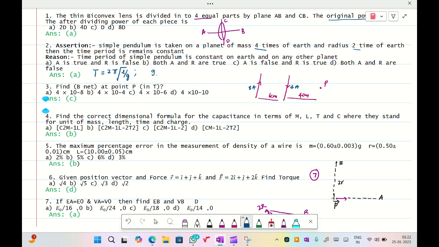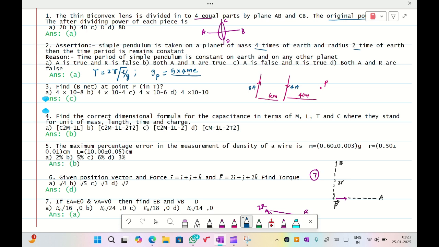the g on the planet is equal to capital G into mass, 4 times ME, by the radius, which is 2 times that of the Earth.